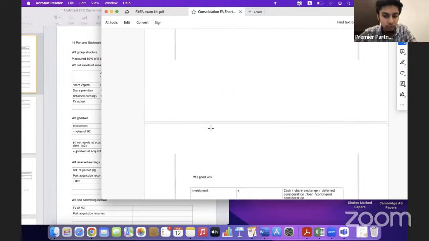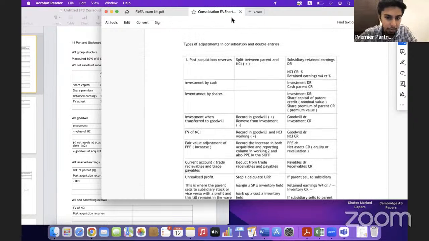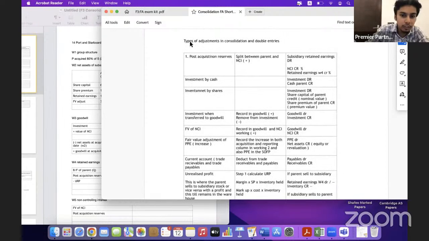Okay. And also, guys, one more important thing that a student should learn is this part. Now, I'm giving you all a short note here, this one. Types of adjustment. Like if a fair value adjustment comes, what to do? Here, see for an example, this part here, fair value adjustment, what to do? And yes, consolidation, you should learn it in both ways.